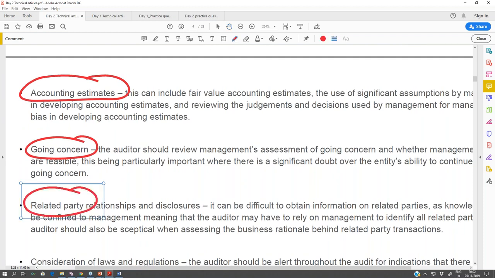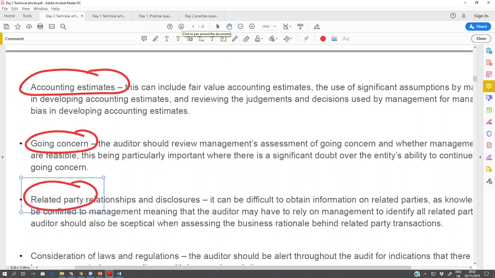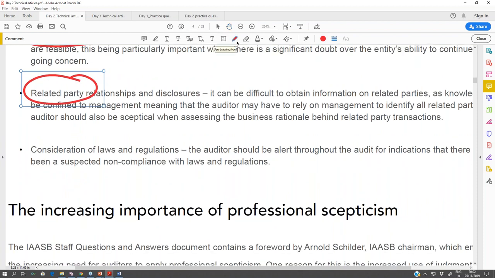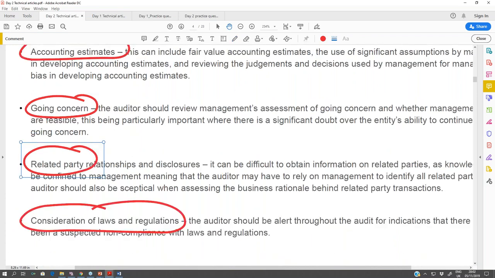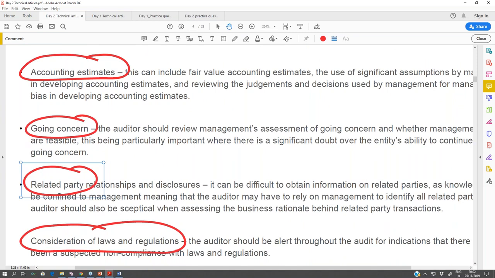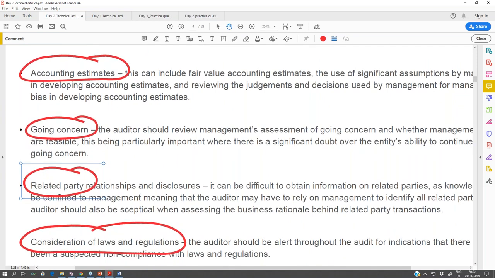You need to be skeptical for any non-compliance with laws and regulations, consideration of laws and regulations. You need to be skeptical for related parties, going concern, and accounting estimates. Can you see those examples in front of your screen?